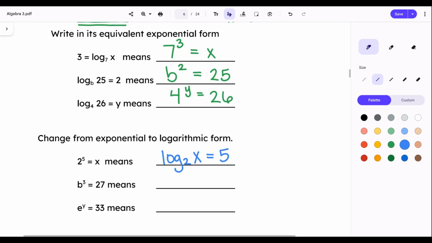Okay, so we're just going the other direction now. Go ahead and take a minute, and you guys write down what you think the next two should look like.